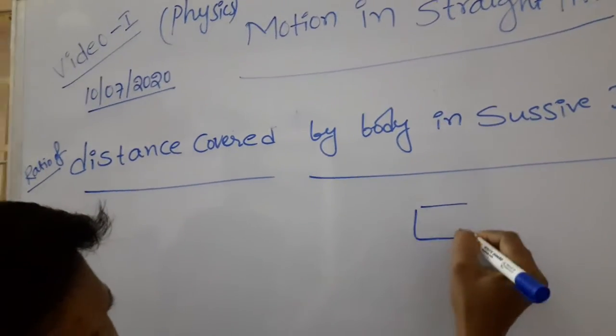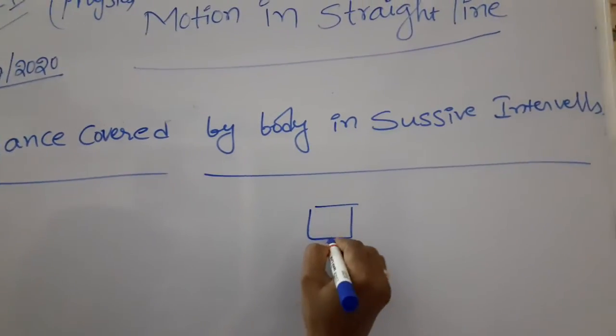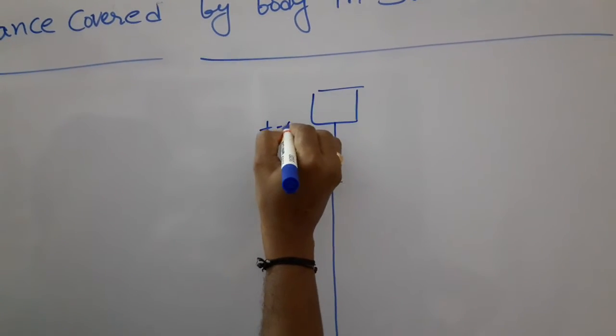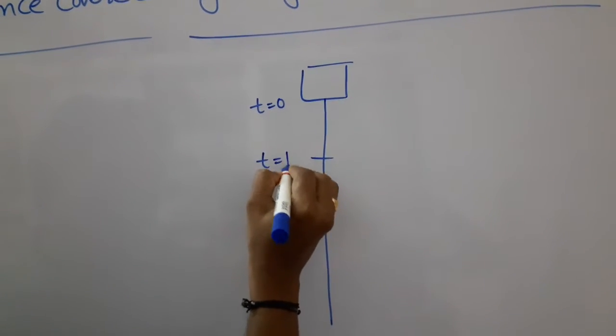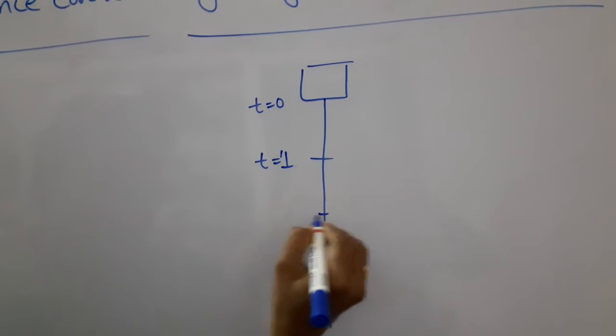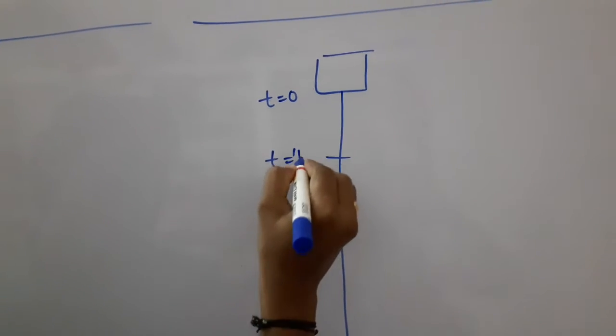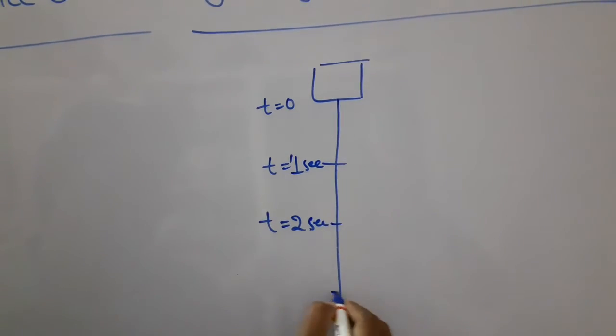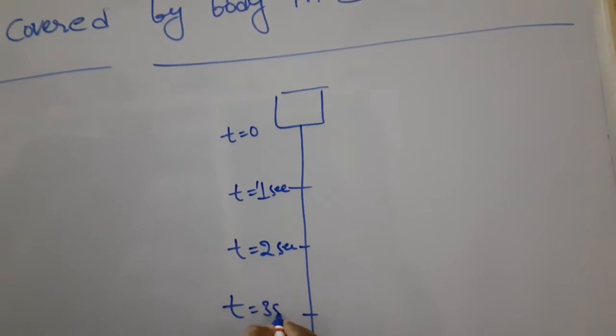So for example, we can consider a body. Now it is falling freely. So t is equal to 0 seconds, t is equal to 1 second, t is equal to 2 seconds, 3 seconds.